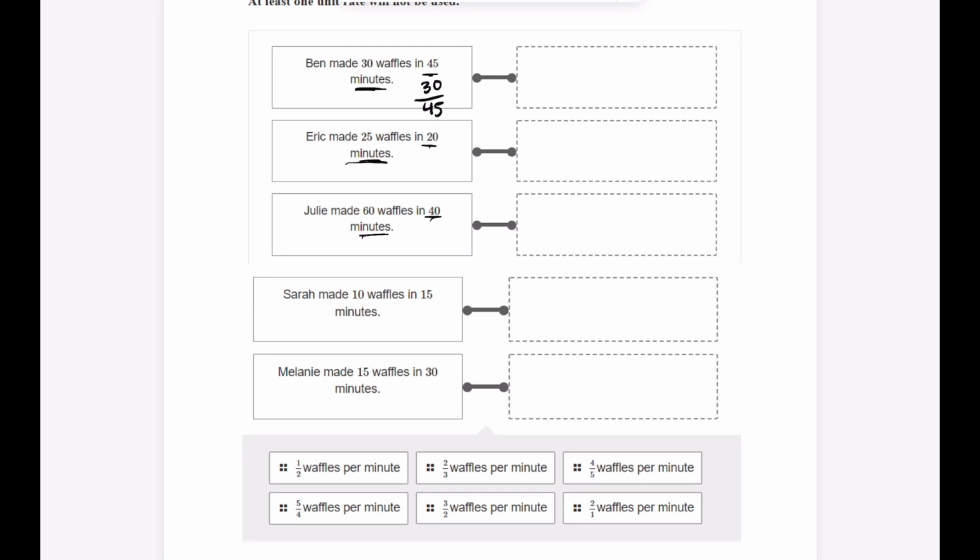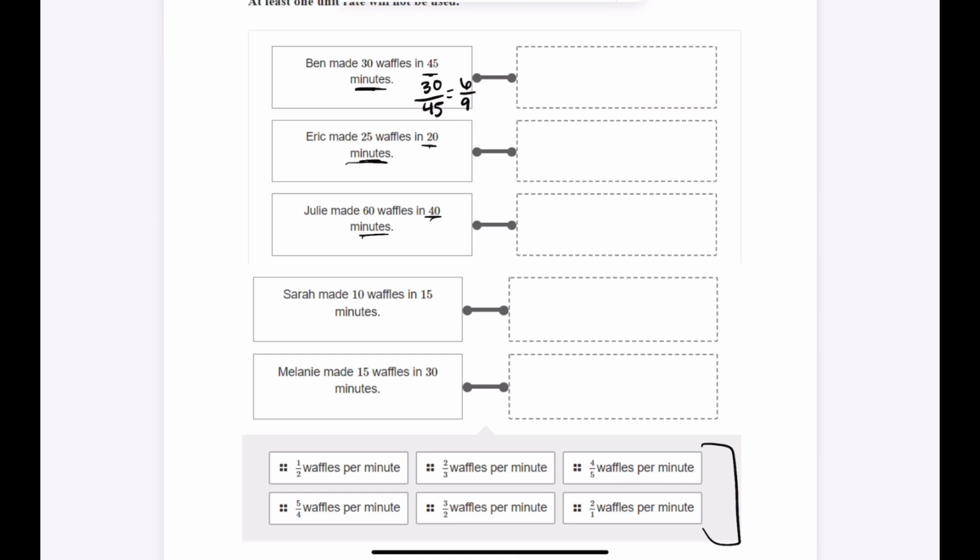Okay, now if I look at my options here at the bottom, they are given to me as a fraction here. So I want to make sure that I am looking at this as a simplified fraction. 30 over 45, I can simplify that. And if I simplify that, I'm going to get 6 over 9.